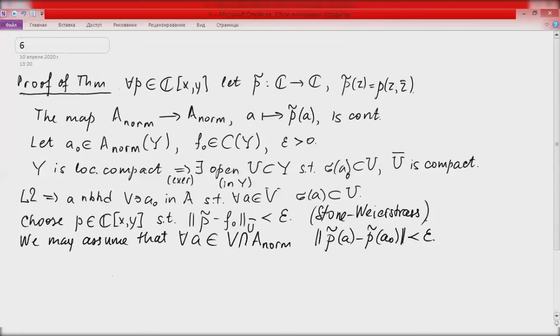Well, indeed, P tilde is continuous. So by taking maybe a smaller neighborhood than V, we can always achieve this inequality. We don't want to introduce new notation, so we may assume from the very beginning that this holds for each normal element in V.